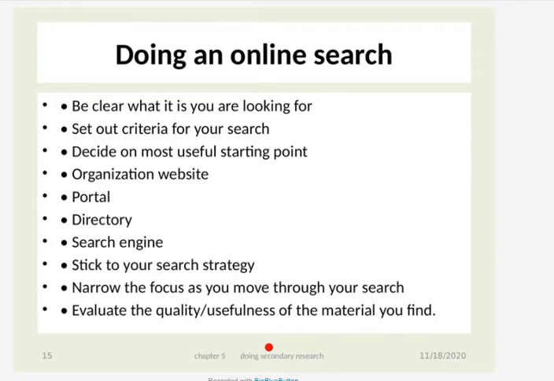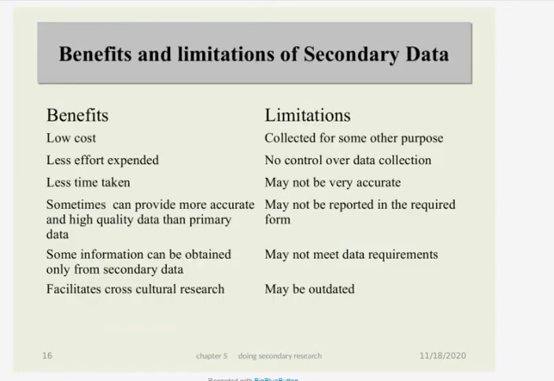Okay. طيب. Let's move to the benefits and the limitation of secondary data. Okay. Secondary data has many benefits. Okay. They are low cost because we do not collect it for the first time. It is being collected before. Less effort expended, less time taking.